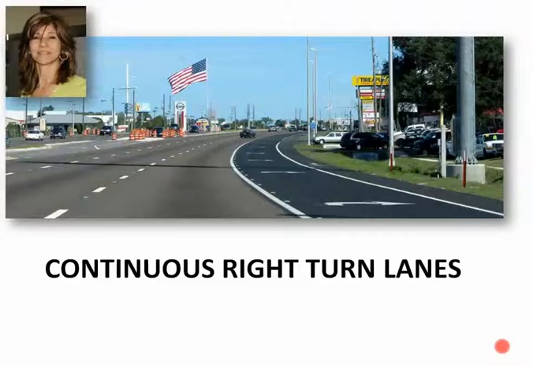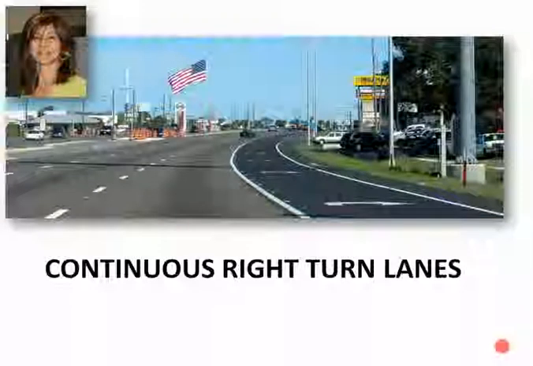First of all, the operation of an exclusive right turn lane is much different than exclusive left turn lanes. So when it comes to exclusive right turn lanes, we have to take a look at the design to make sure they are not creating any confusion or conflicts for the turning movements.